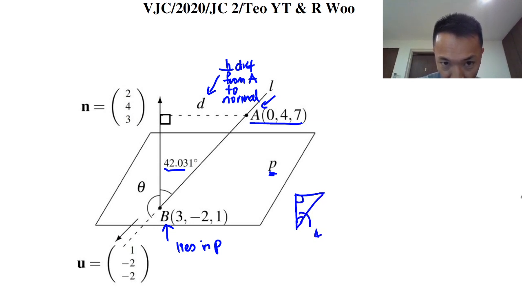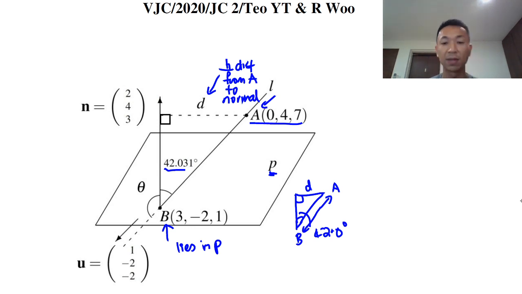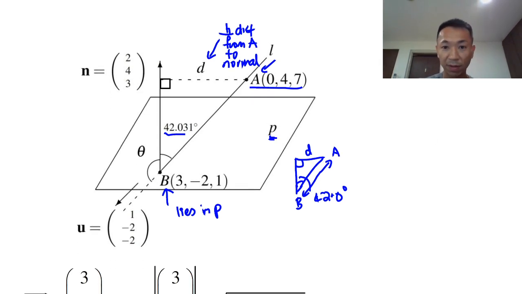This is 42.0 degrees. I want to find D. If this is A, this is B, if I know what is AB, then I'm done. Correct? So that is the approach I'm going to use.